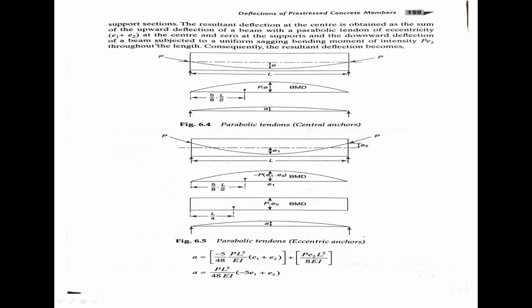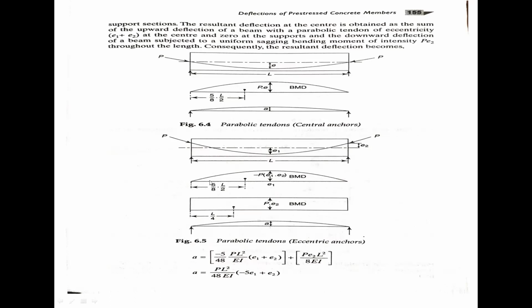So you have two eccentricities in this parabolic tendon profile for eccentric anchors: central eccentricity e1 and support eccentricity e2 acting with the prestressing force.